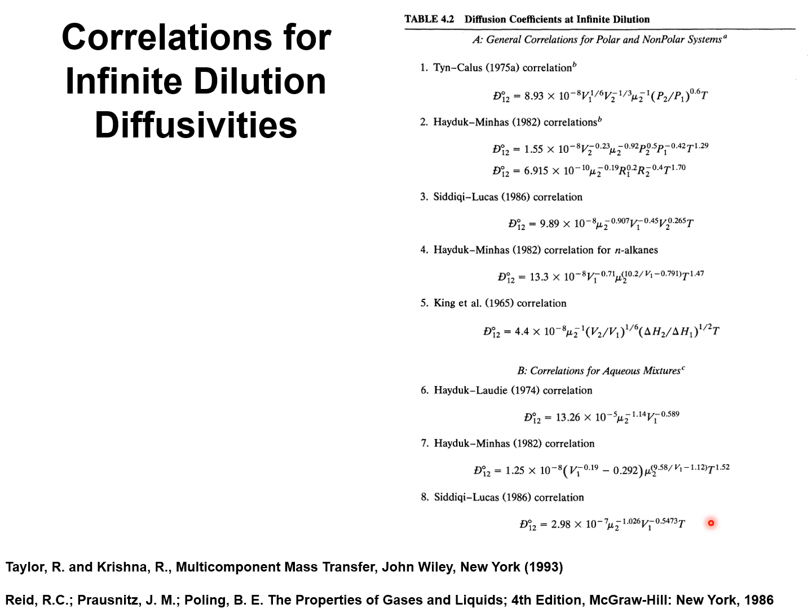So the prediction of the Fick diffusivity for any binary liquid mixture at a given composition is as follows. We estimate the infinite dilution values at the two ends of the composition range.